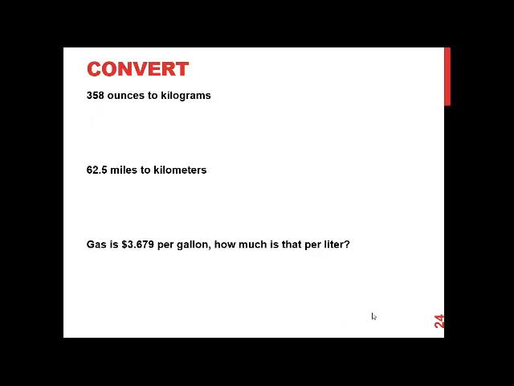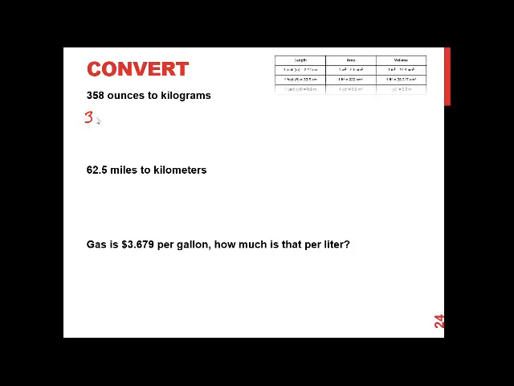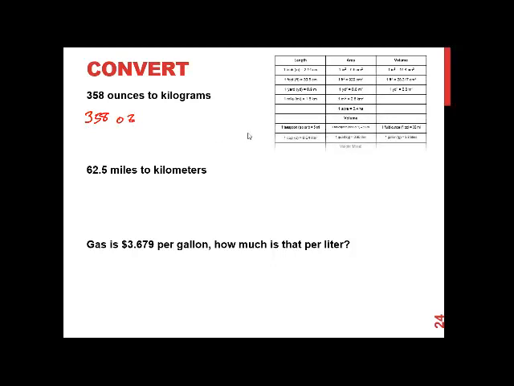One more page. Convert 358 ounces to kilograms. So let's see, I need my chart. 358 ounces. And an ounce is 28 grams. So let's convert 1 ounce to 28 grams.